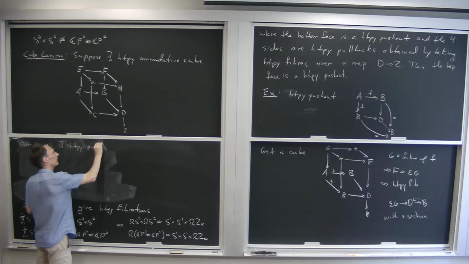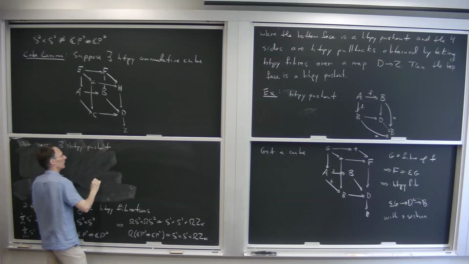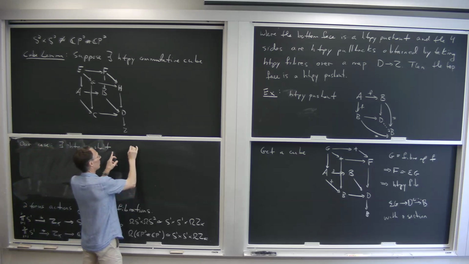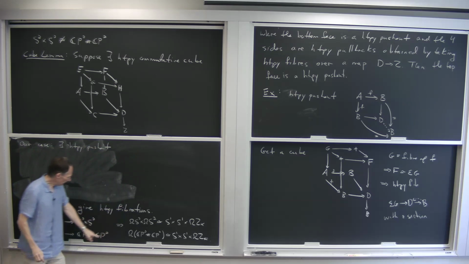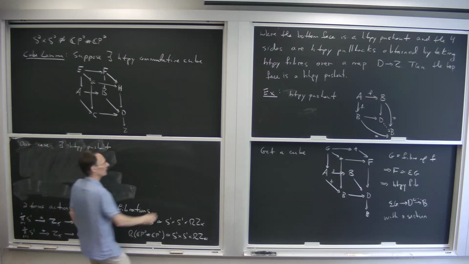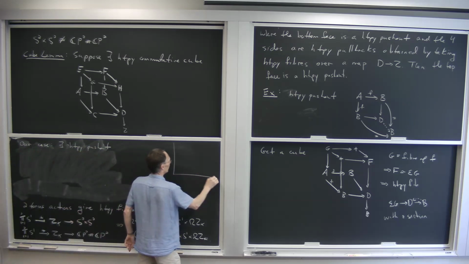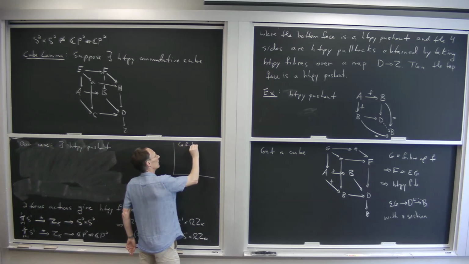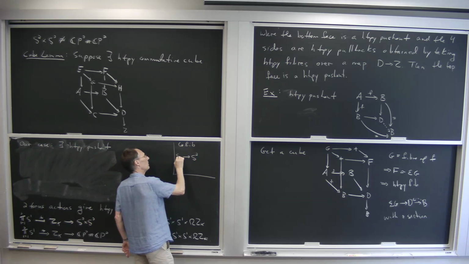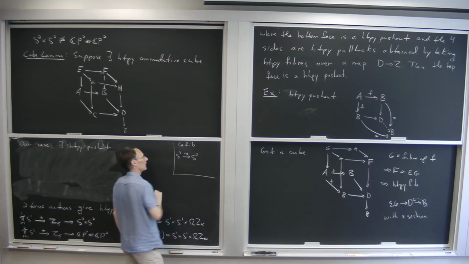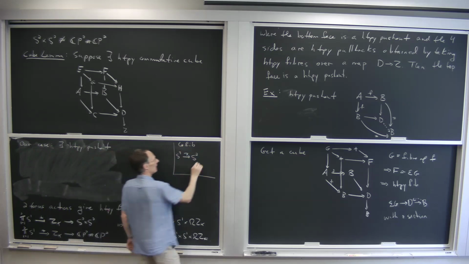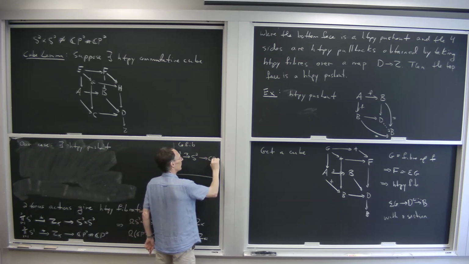Well, any connected sum you can express as a pushout, where CP2 you get from, you can think of, you start with an S2, take the Hopf map, and you cone it off to get CP2.